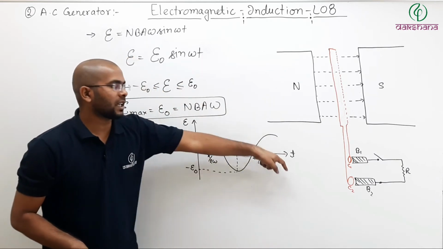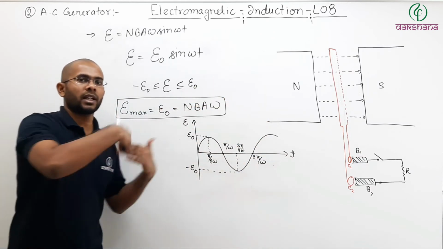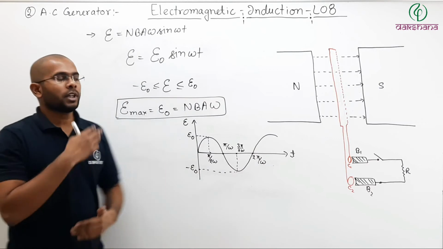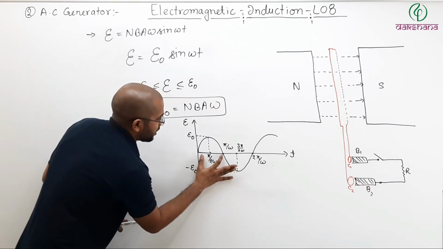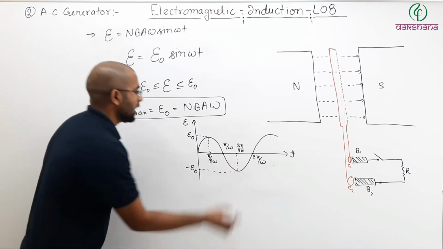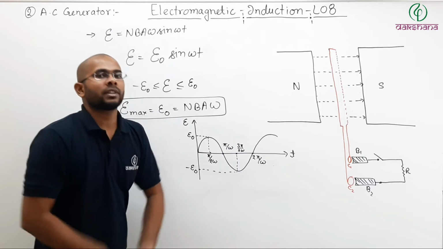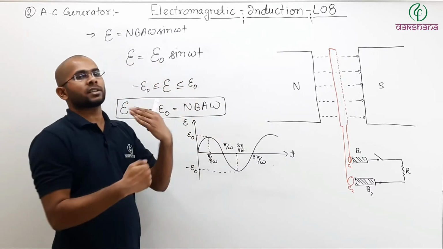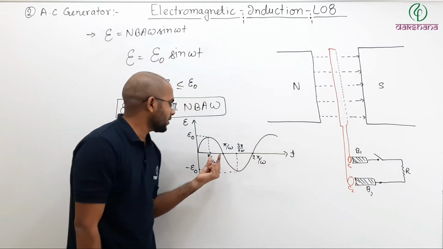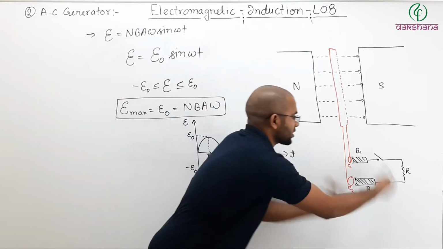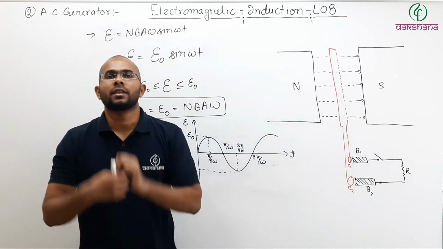Again from 2 pi up to 3 pi, it will be positive, again clockwise, then again negative. So it will keep on changing its direction after every pi rotation, meaning after every pi by omega time, the EMF direction will reverse. For example, in this circuit, after every pi by omega, the direction of the current flowing through this resistor will be reversed.